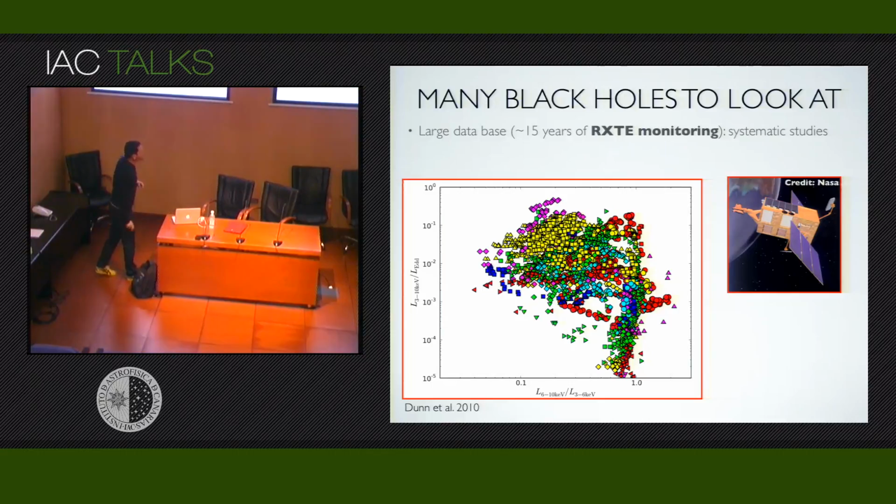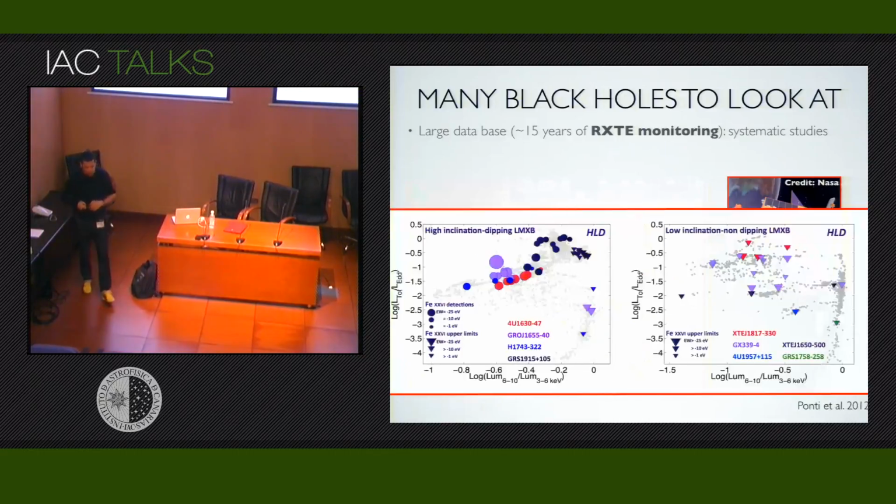So, since the data set is large enough after 15 years of the mission of this satellite, people start to think about systematic studies and want to understand the different behavior between the different systems.